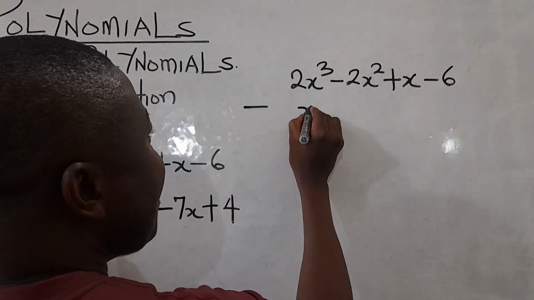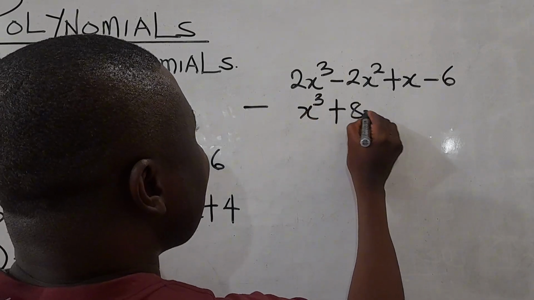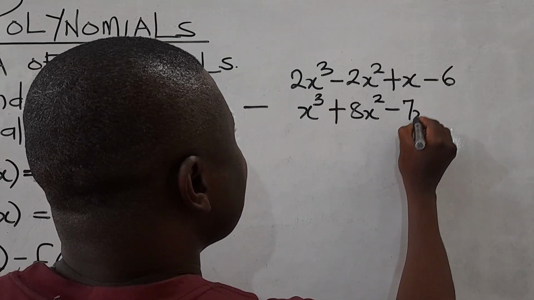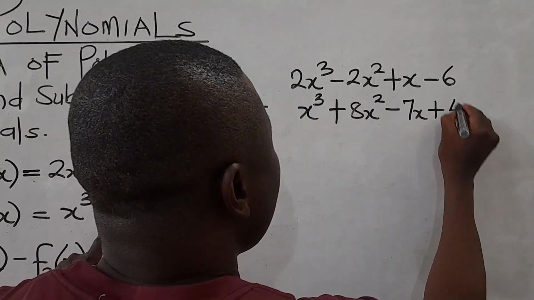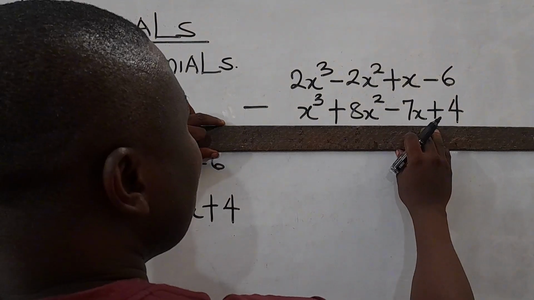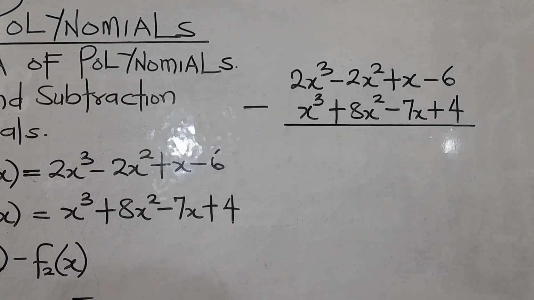The second one is x cubed plus 8x squared minus 7x plus 4. We have put them out, then we draw a line to subtract, just as we did in primary school when dealing with hundreds, tens and units.